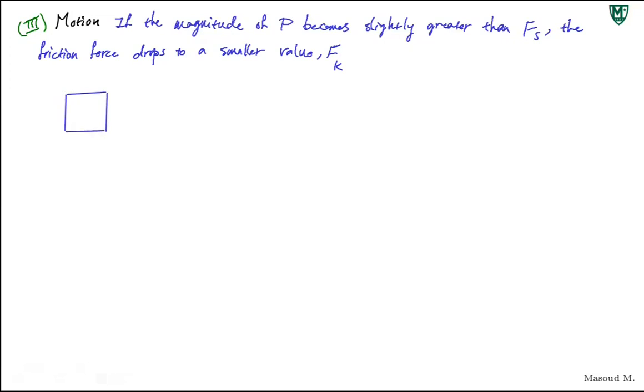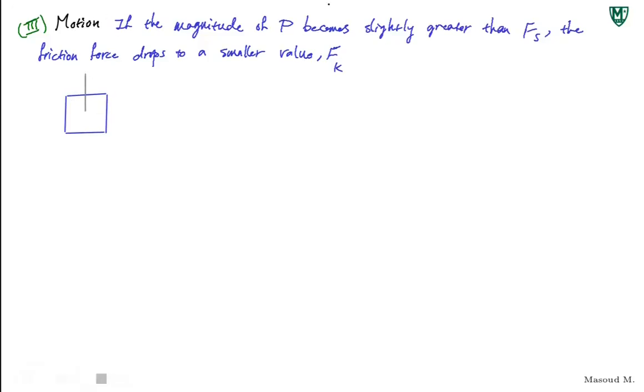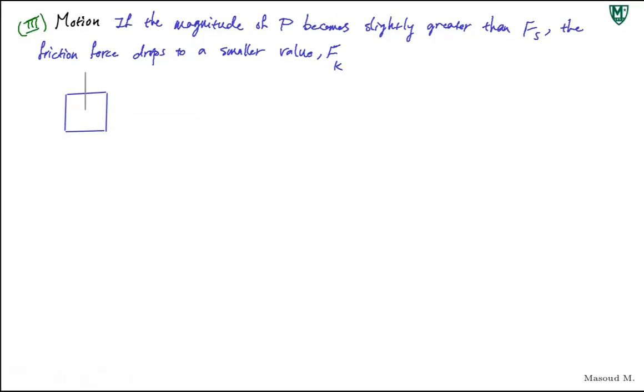So if I have my box there, the weight is still there. It has some weight, W. This is W. And then you have a force P in this direction. Right now we are in motion, the state of motion. You have your friction.